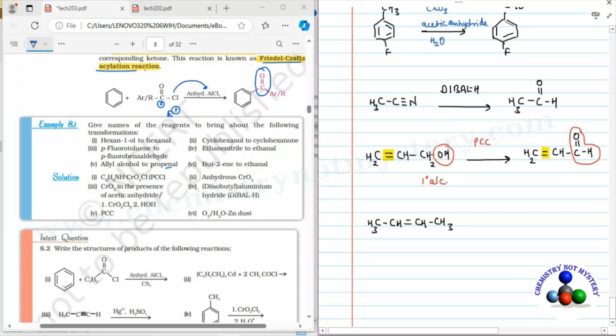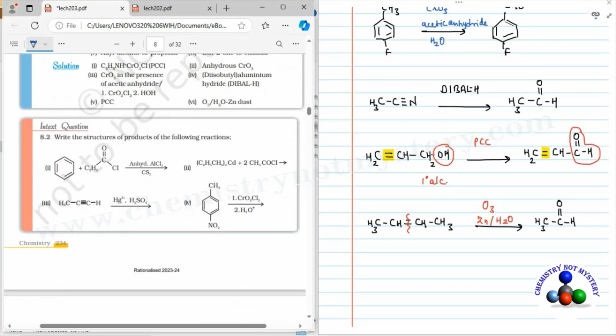So this is but-2-ene, and here you have to convert it into ethanal. Ethanal means CH3CHO. So here we need to break this double bond and add oxygen to it. Means here you have to do ozonolysis followed by hydrolysis in presence of zinc dust. Now let's solve the in-text questions.